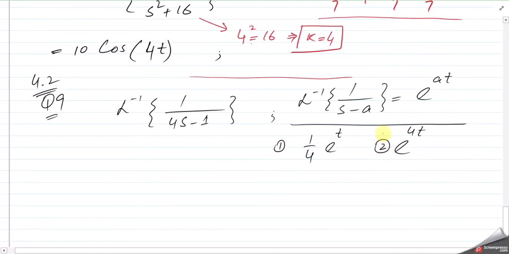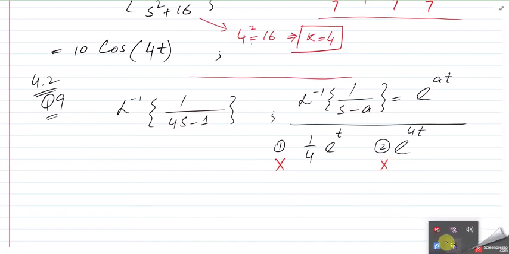Votes for 1. How many votes do we have for 1? Votes for 2. So we got the votes in. And the correct answer is no, not 1, not 2 either.